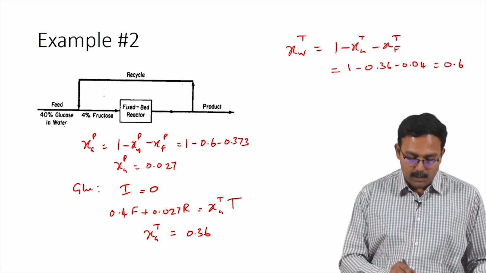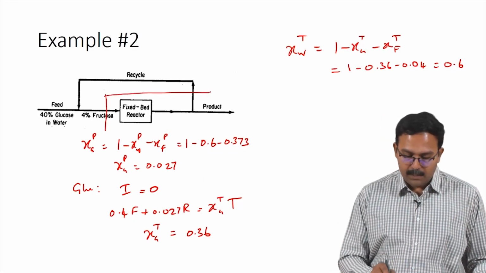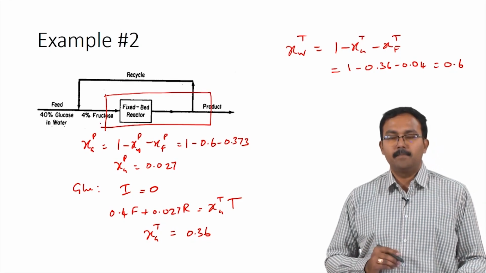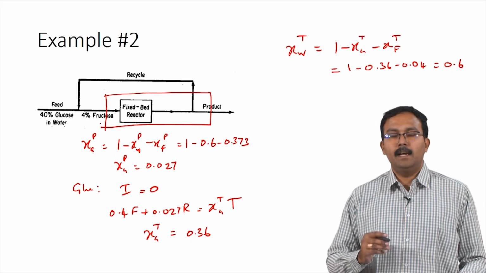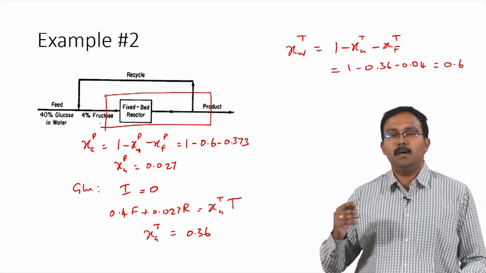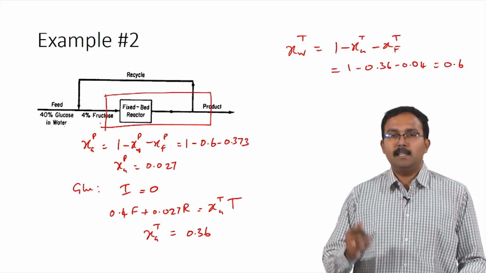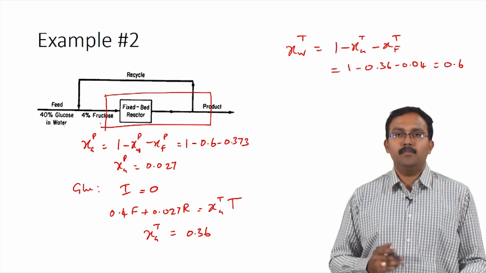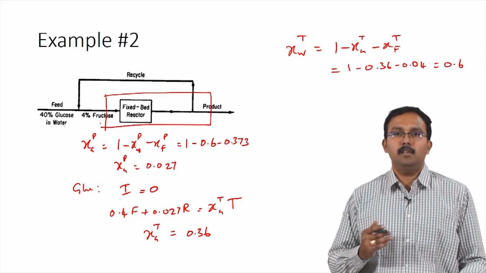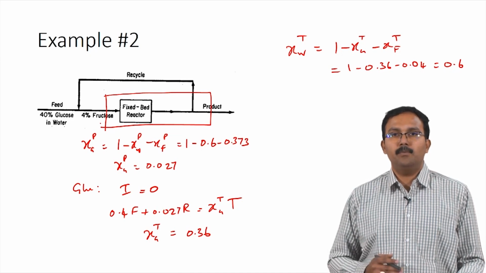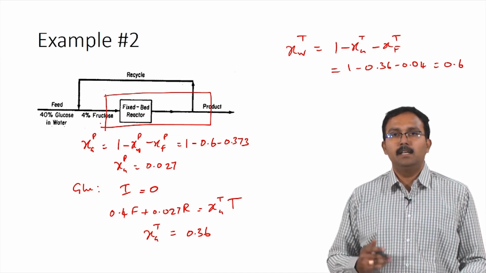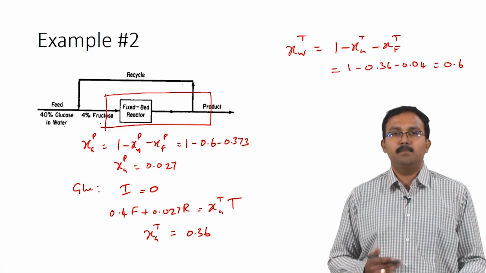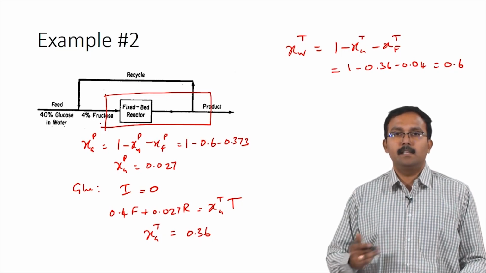So, we will choose the fixed bed reactor with the splitter as the system for our study. This would ensure that we have information about both the product stream and the recycle stream, which are the exit streams, and we also already know the information about the inlet stream, which is the gross feed. With all this information, we will be able to calculate the fraction conversion for glucose entering into the fixed bed reactor for a single time.